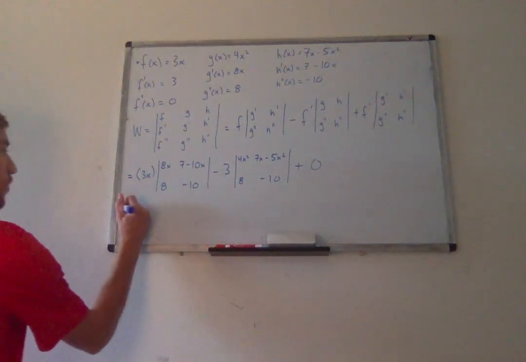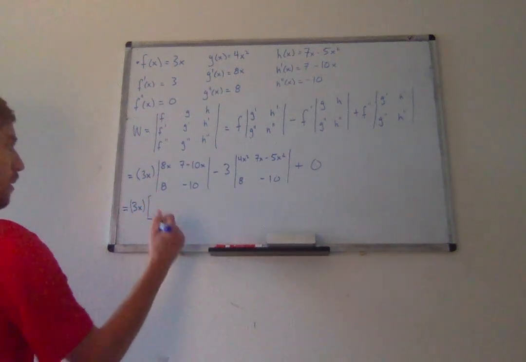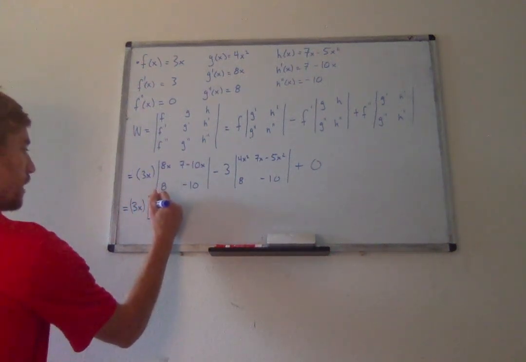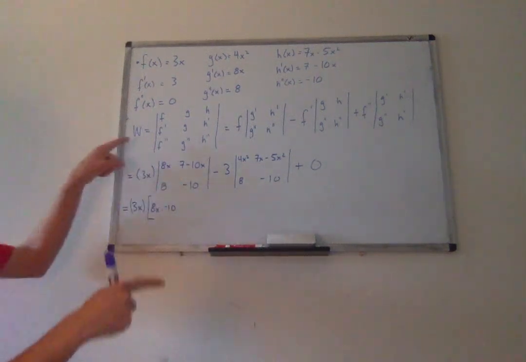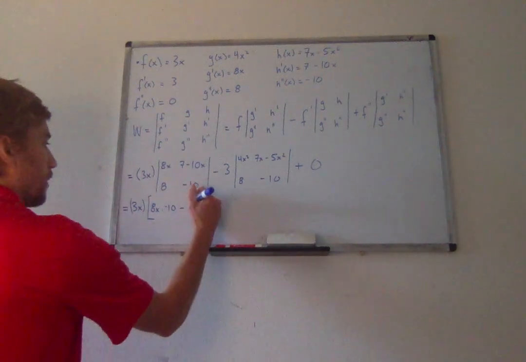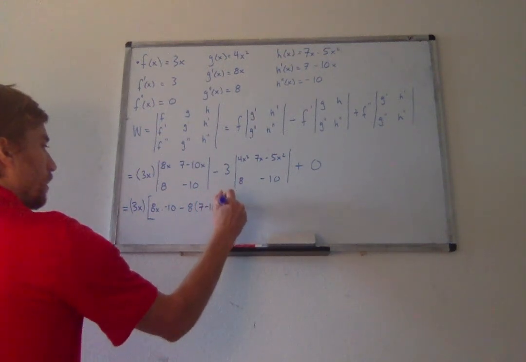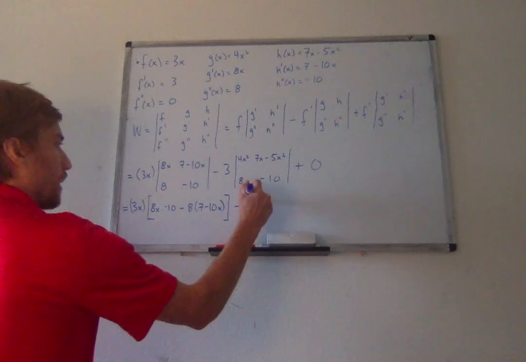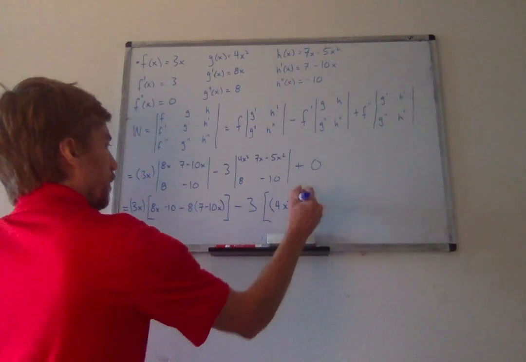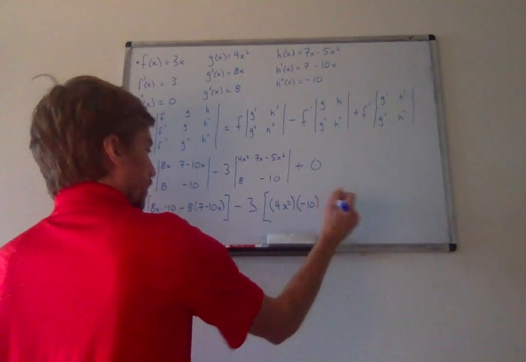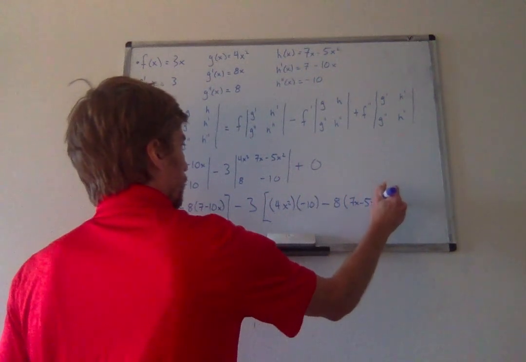All right, so this is equal to 3x times 8x times negative 10. So left diagonal minus 8 times 7 minus 10x, minus 3 times 4x squared times negative 10 minus 8 times 7x minus 5x squared.